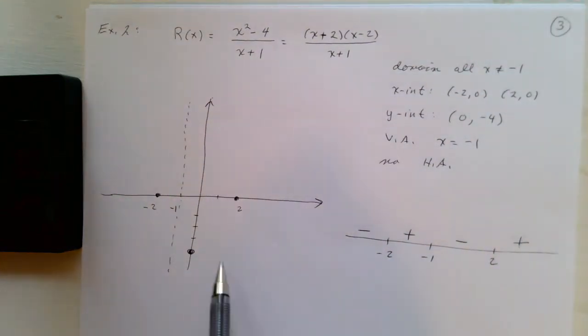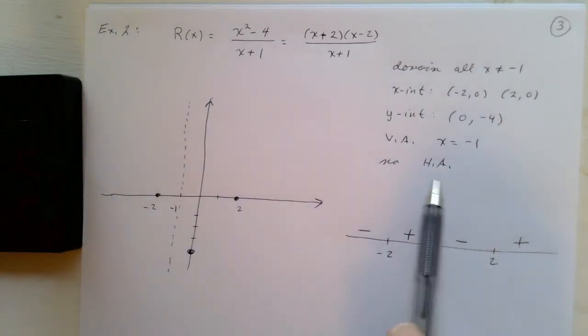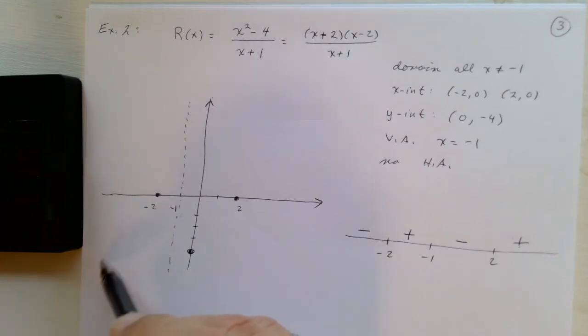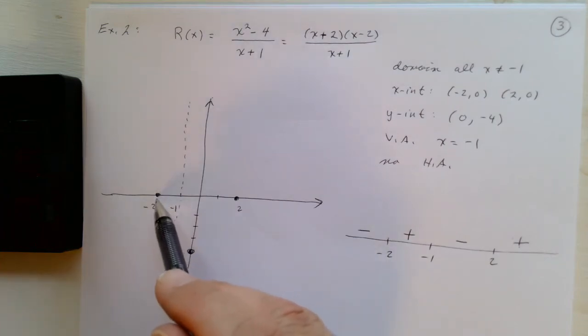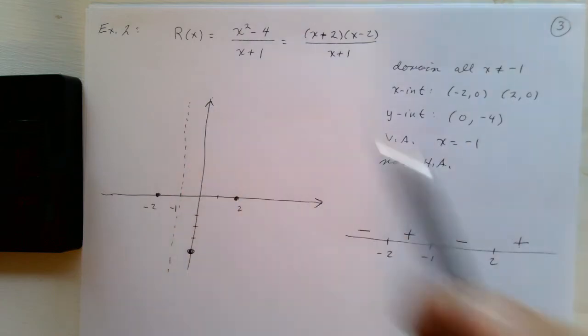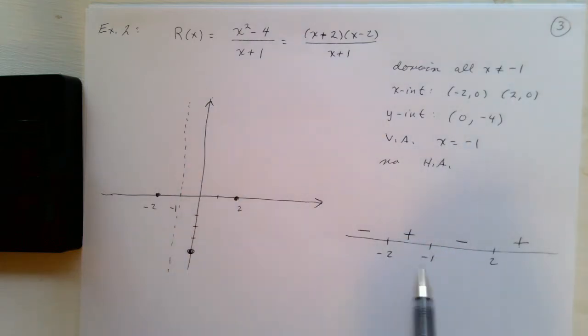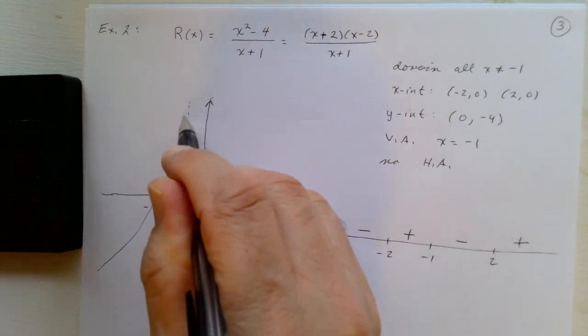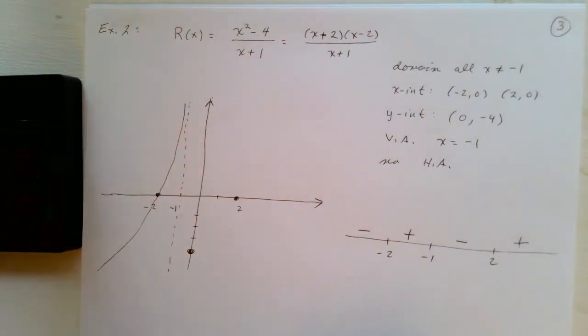Now, because there are no horizontal asymptotes, the graph is going to be shooting off at both ends. And this sign chart says that it's shooting up on the right and down on the left. So our graph is going to start down here, pass through this point and then shoot up, because it's positive between negative 2 and negative 1.